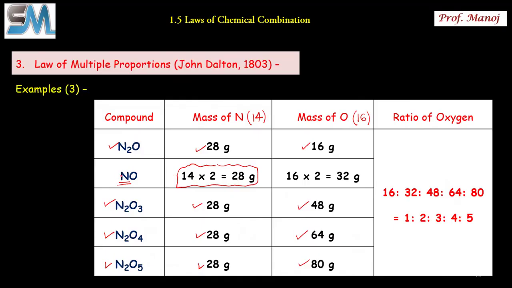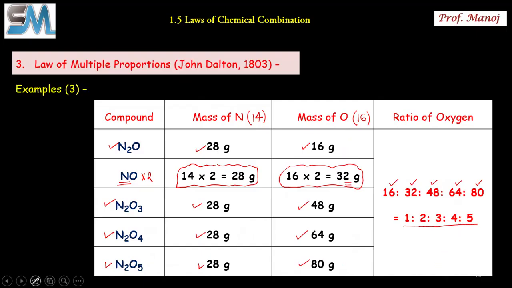Now, if you have multiplied nitrogen by 2, obviously the oxygen amount also is multiplied, and that amount now becomes 32. So now if you put all these masses in a ratio of mass, it's 16, 32, 48, 64, and 80 gram, which is, by the way, the table of 16. 1:2:3:4:5.